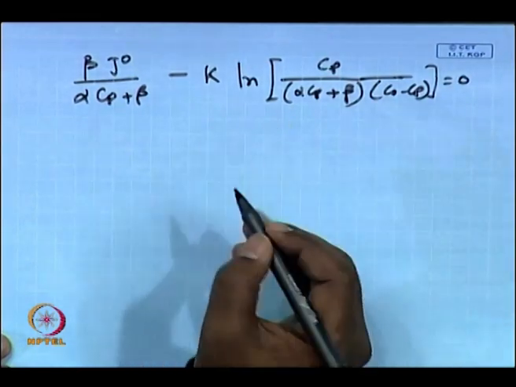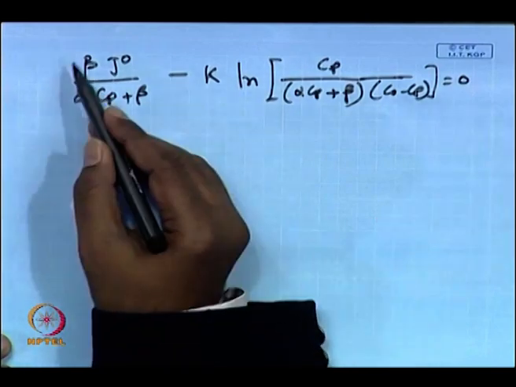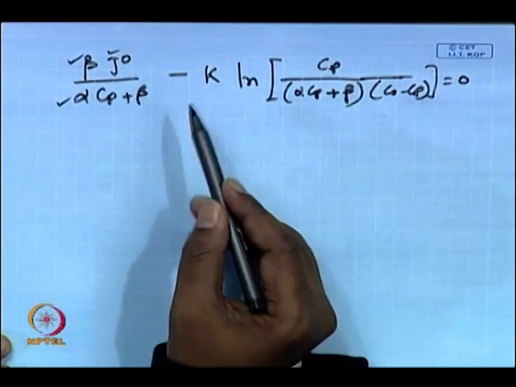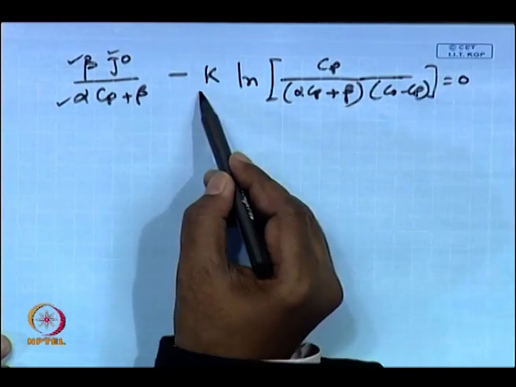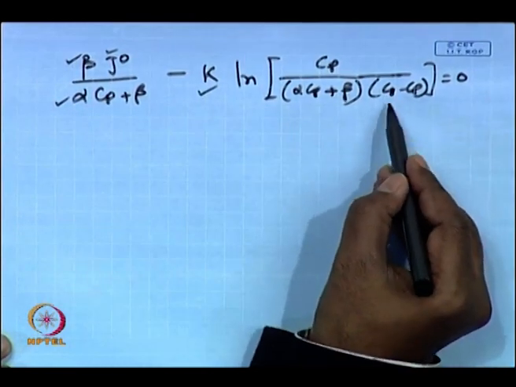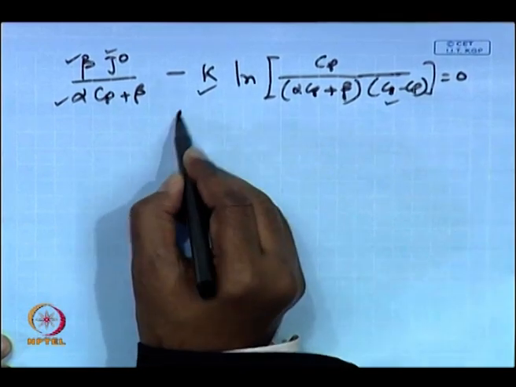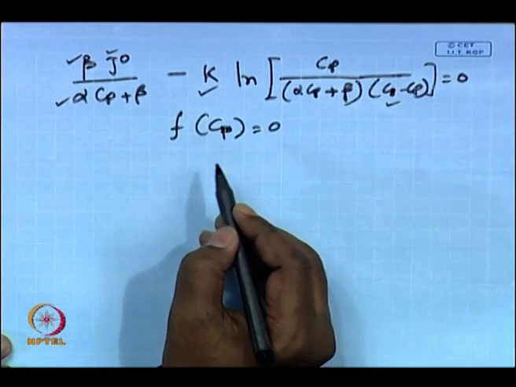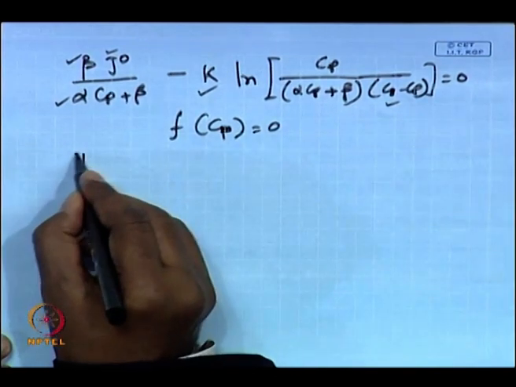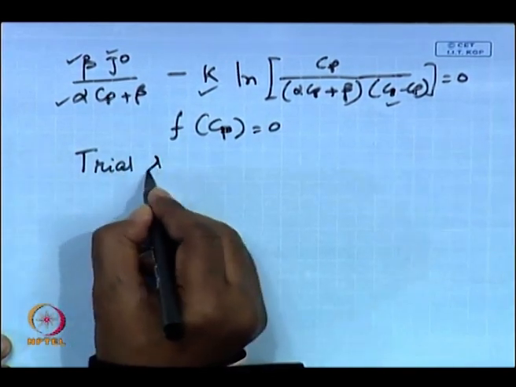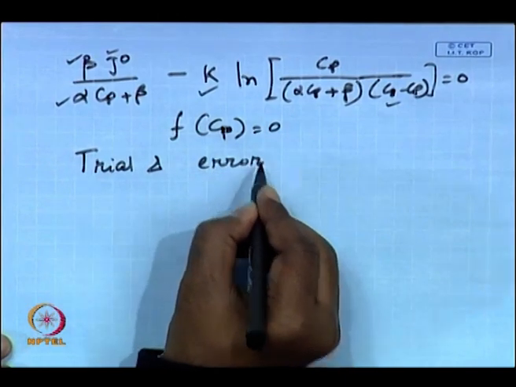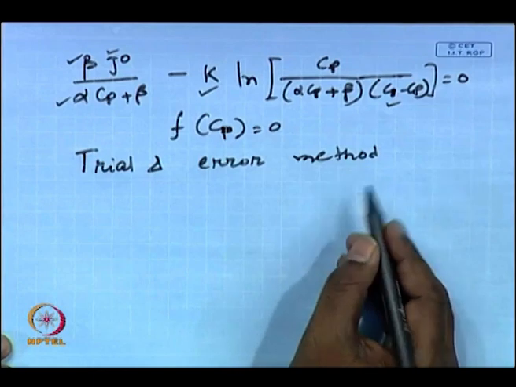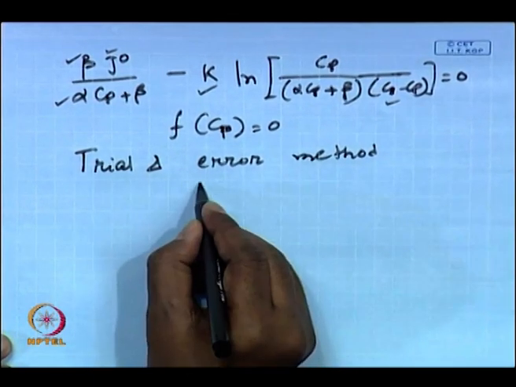So, this beta will be known, alpha will be known, J naught will be known, mass transfer coefficient will be known, feed concentration will be known. So, again it will give you a nonlinear algebraic equation in terms of Cp. So, you can use a trial and error method to obtain the value of Cp.